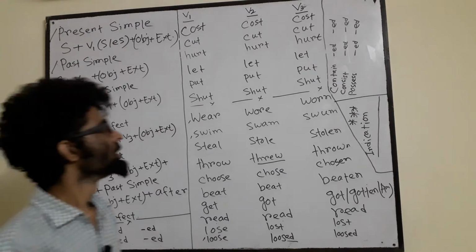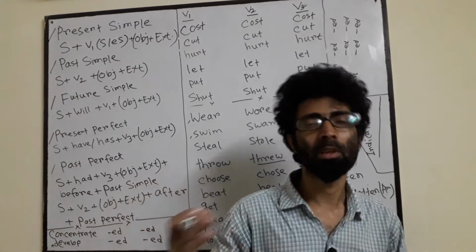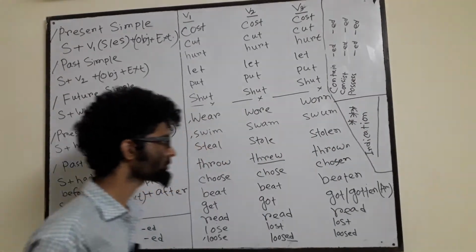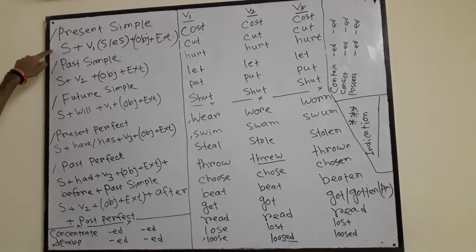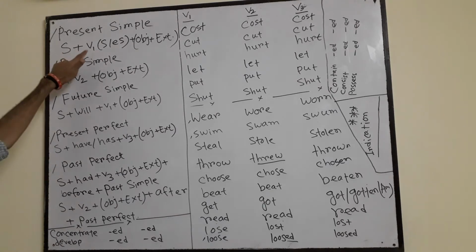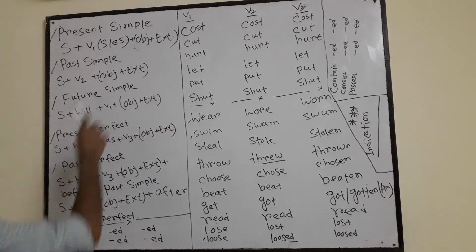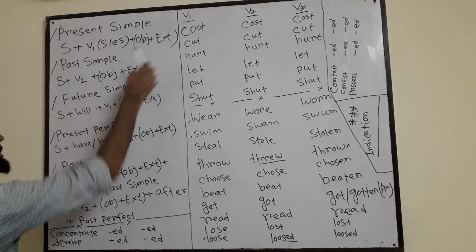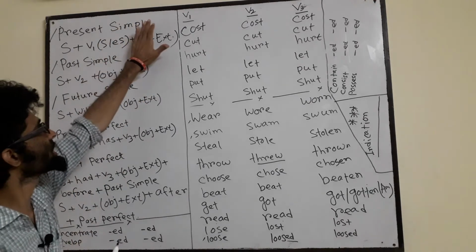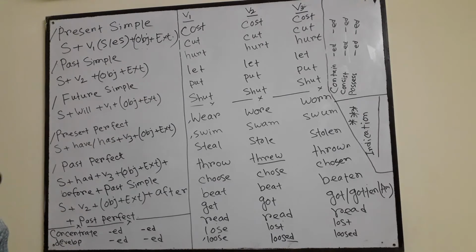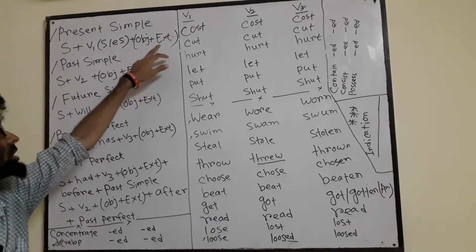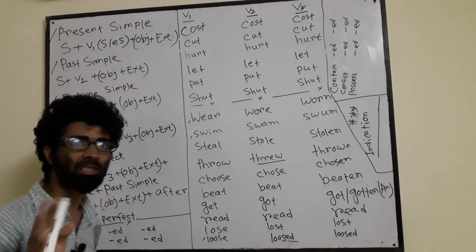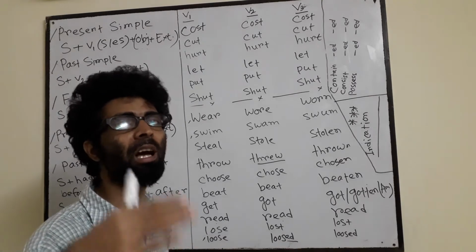Now we can use them in different types of tenses. Now see, first one, present simple. See the structure: subject plus V1 in bracket S or ES, then in bracket object or extension. Sometimes you can skip the object or extension, that's why I wrote it in brackets. You can take it or you can skip it, it's up to you.